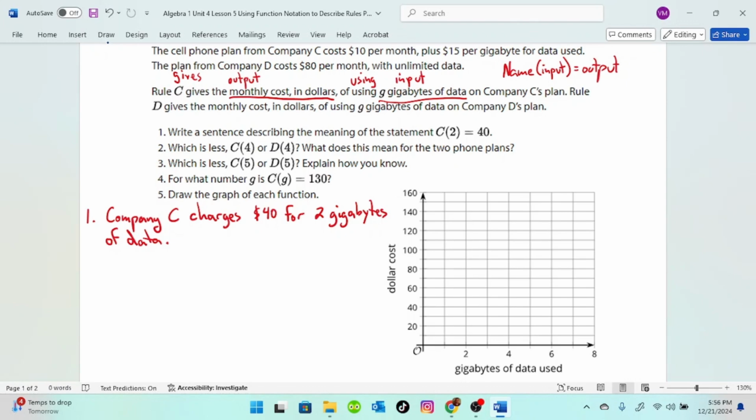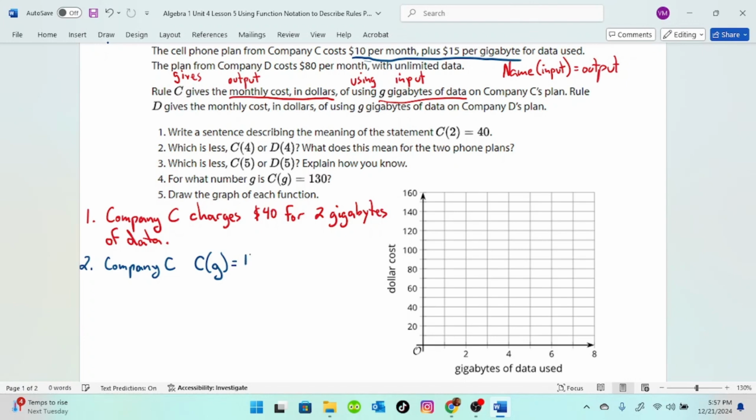So, if I want to compare these, then Company C of G equals, they charge $10 per month plus 15 per gigabyte.